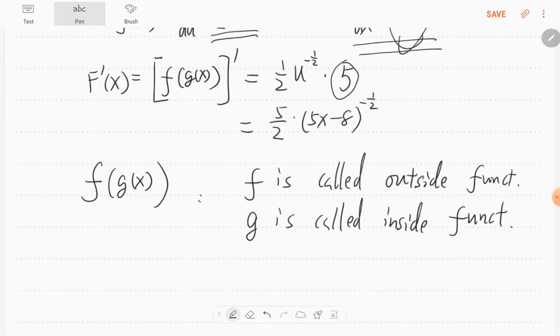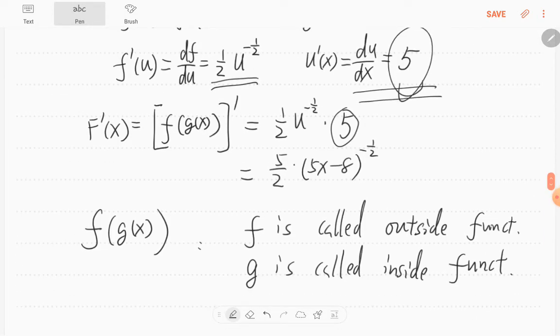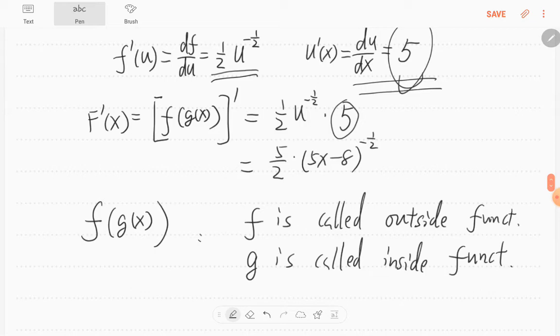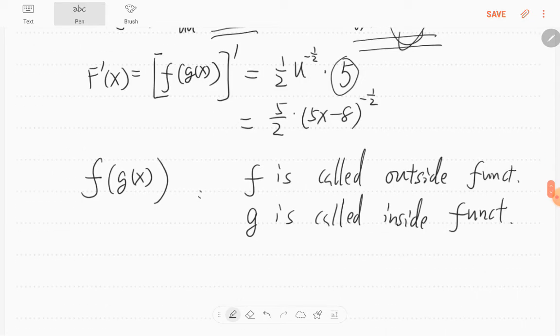Roughly speaking, the chain rule says the derivative of this composite function is the derivative of the outside function times the derivative of the inside function.